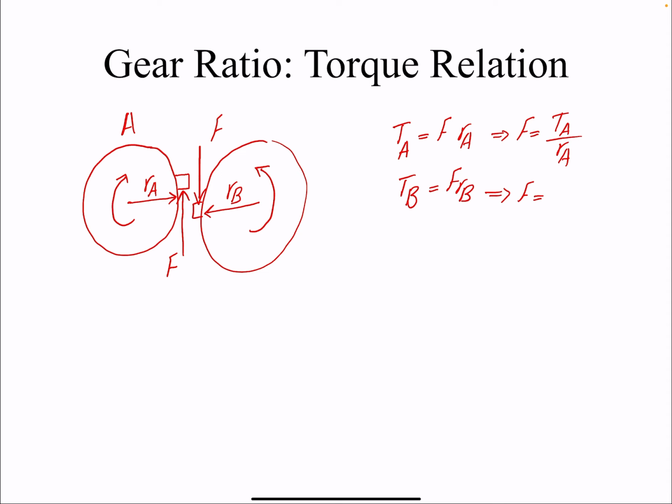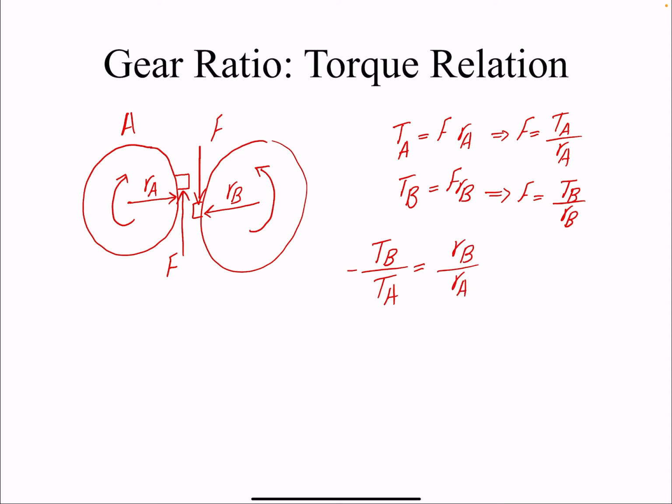And if I write it as a function of T, S, T, B, R, B, if I set these two equal to each other, so TB over TA would be RB over RA.